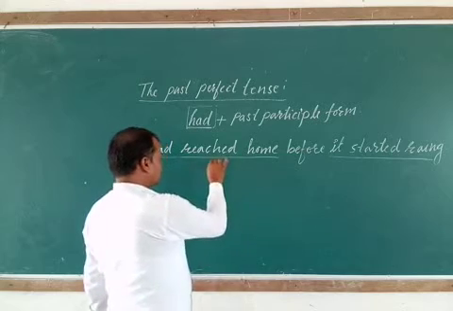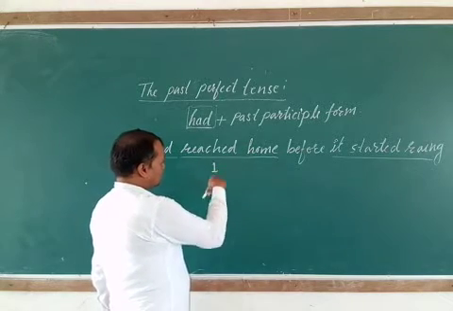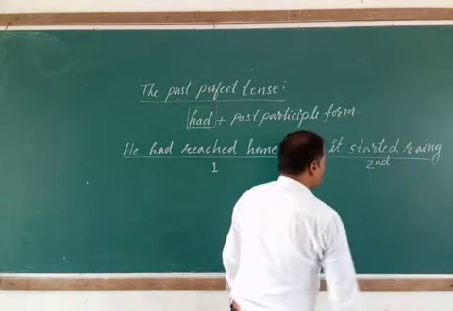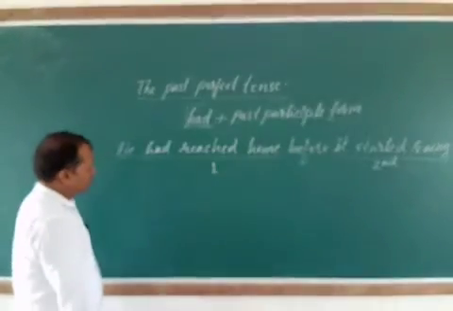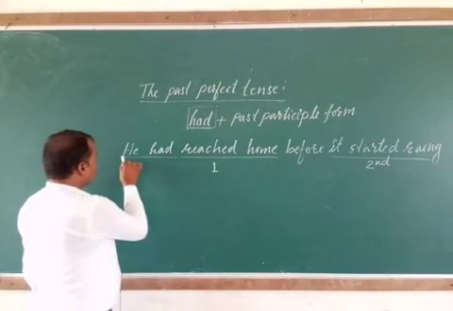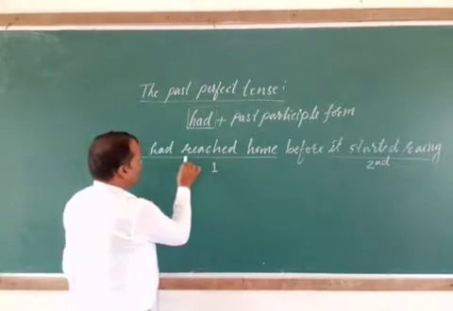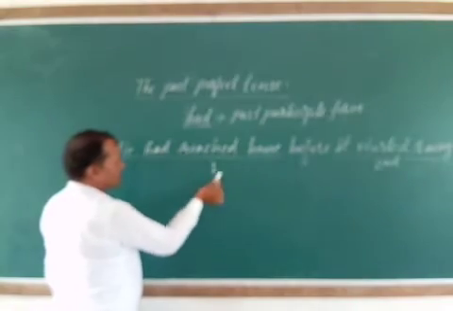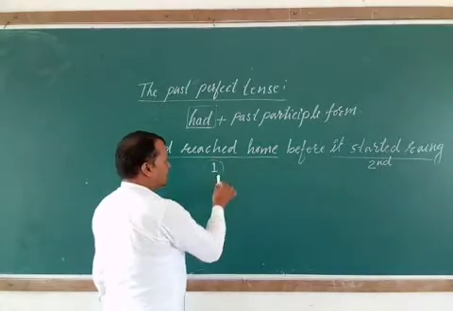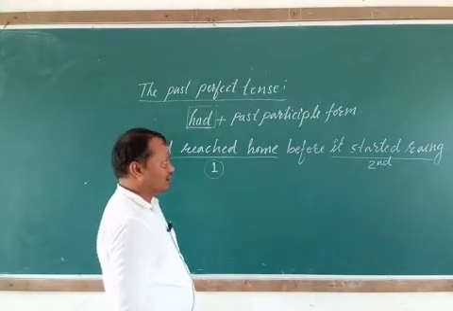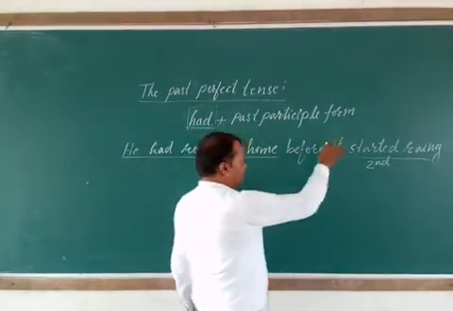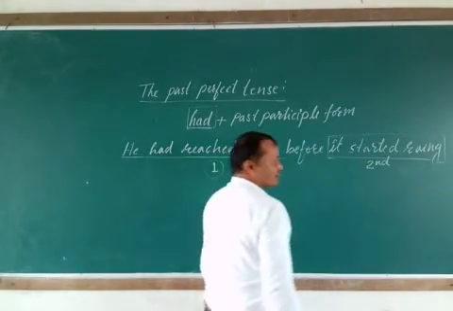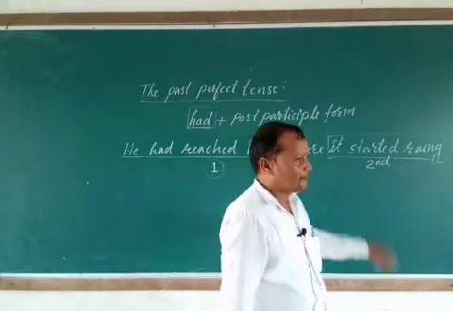So the first action is this one, and the second action is this one. According to the grammar rule, we use past perfect tense for the first action, or the action that had happened earlier, and for the second action that happened after the first action we use simple past tense.